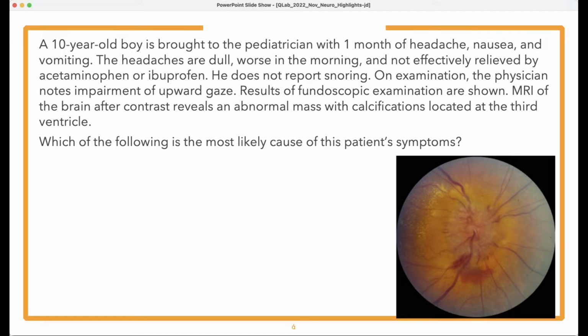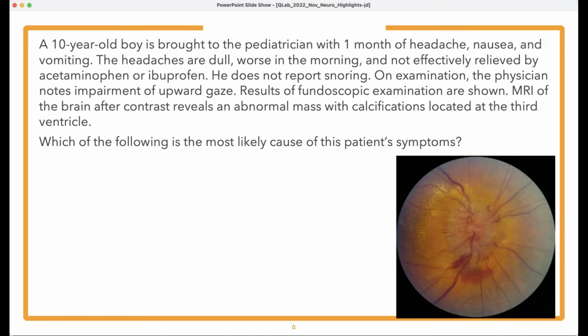Okay, so now you have a bit of an understanding of what you're looking for as we read the vignette. A 10-year-old boy is brought to the pediatrician with 1 month of headache, nausea, and vomiting. The headaches are dull, worse in the morning, and not effectively relieved by acetaminophen or ibuprofen. He does not report snoring.